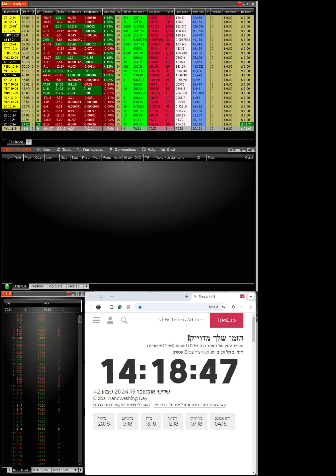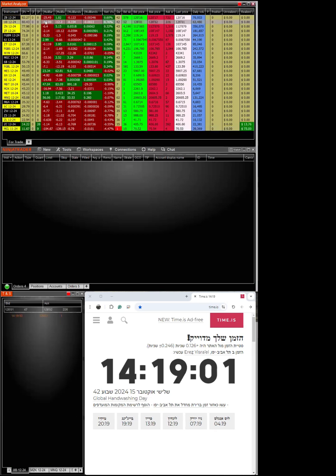Just for the example, I know that the UB can't trade in Apex right now, but I want to show you the example that all instruments have the same behavior. Okay, I will put the UB and I will go back to share the screen.